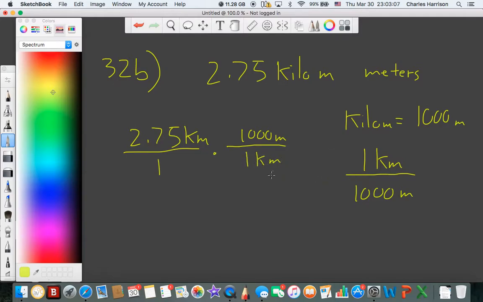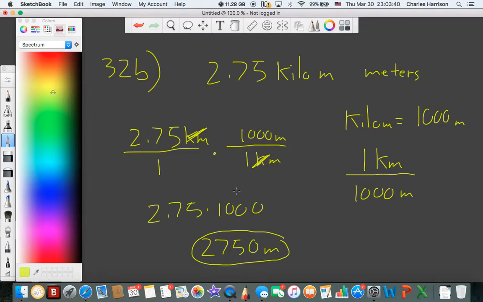It's the conversion ratio. So we cancel out the kilometers like this, and then we're left with 1 on bottom, so that doesn't mean anything. So we're left with 2.75 times 1,000. Well, 2.75 times 1,000 just means that we're moving this over 3 decimal places. All right? So this turns into this, just like so.